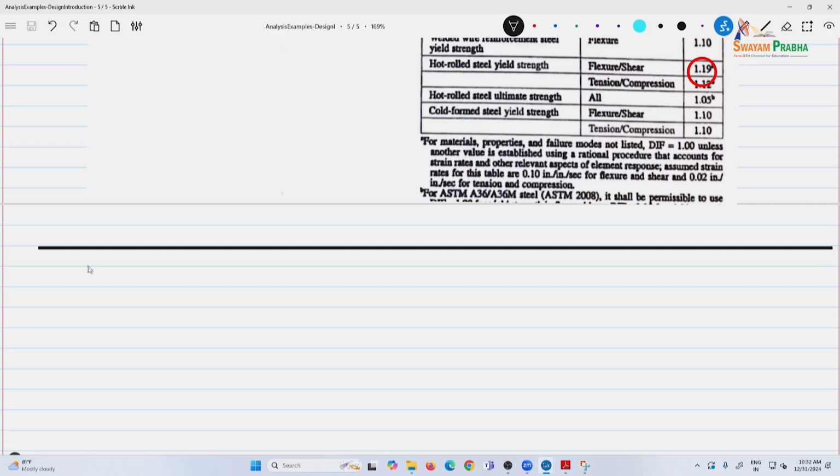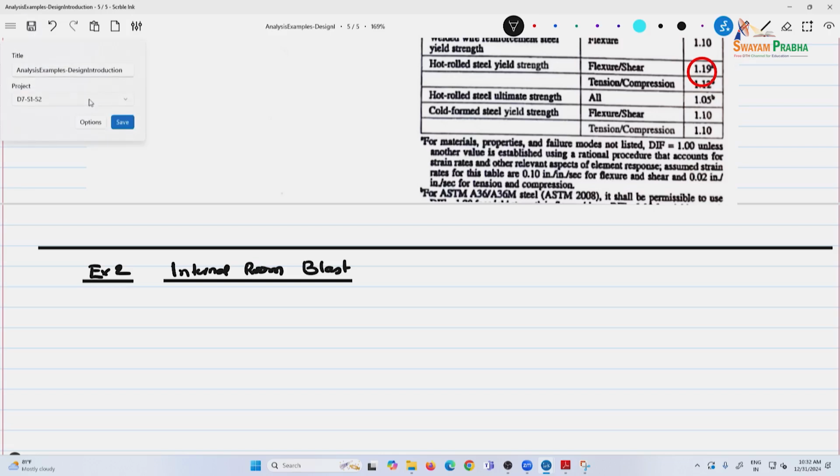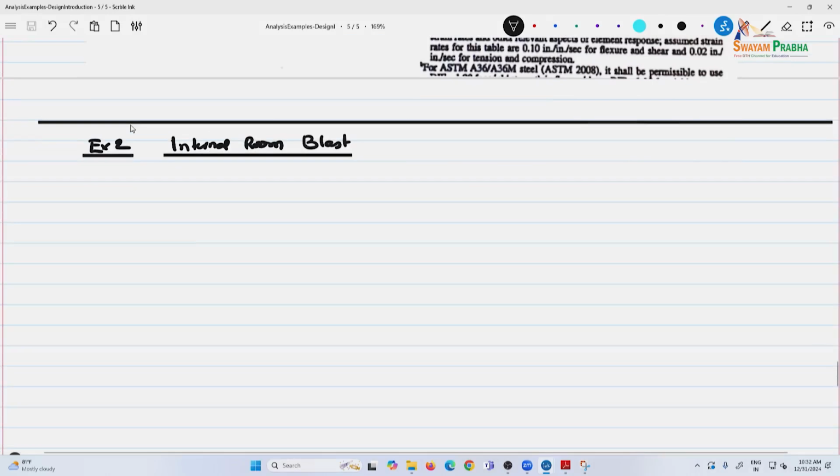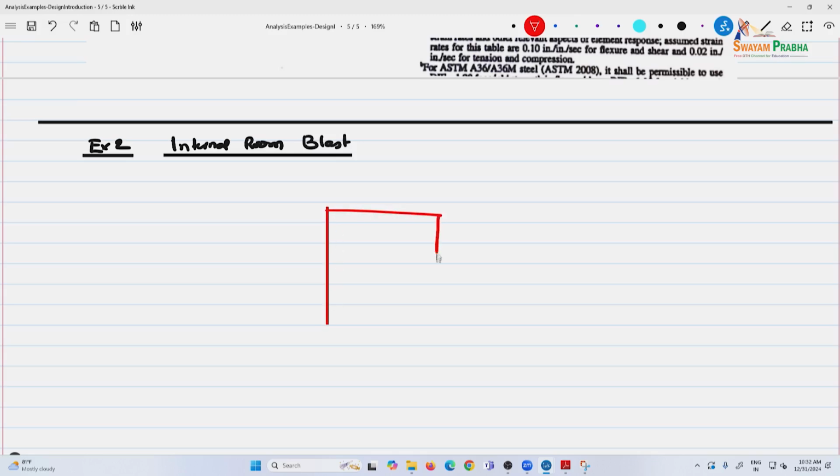Now let's look at the second example. This is an internal room blast, a topic we have not covered. So consider an internal room this way.